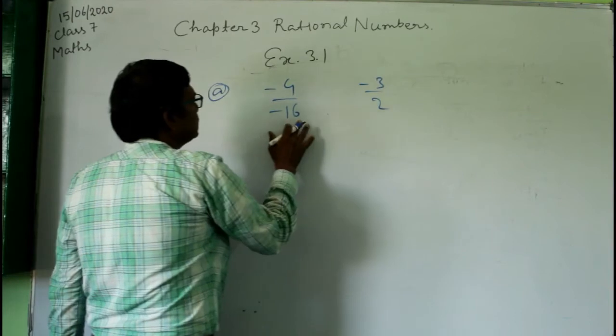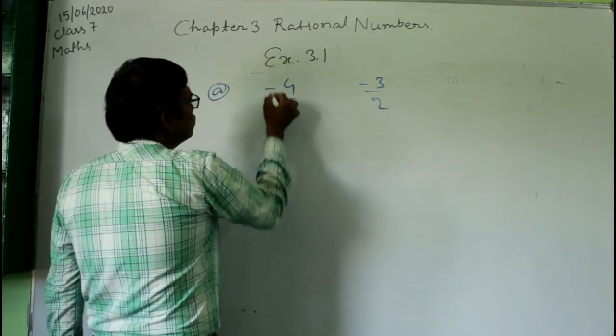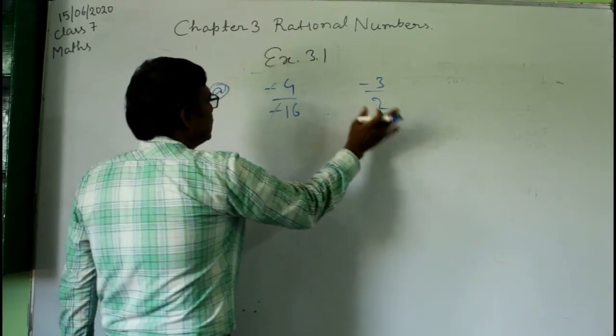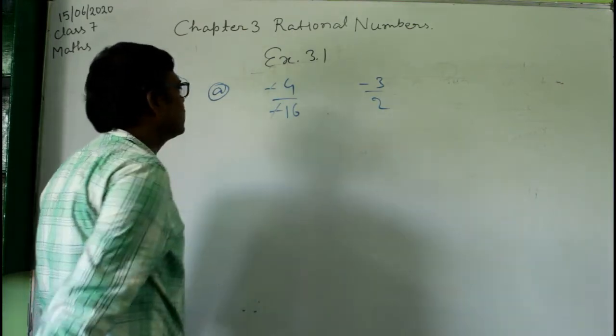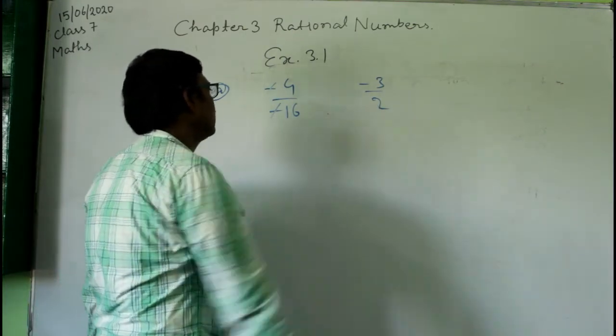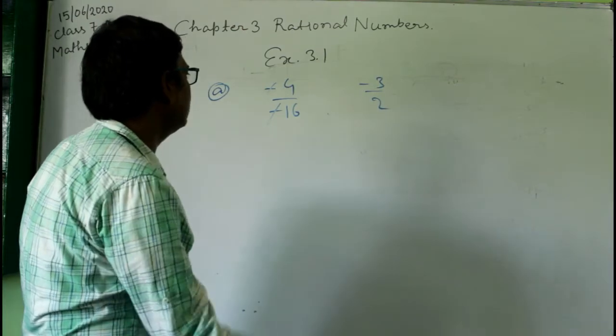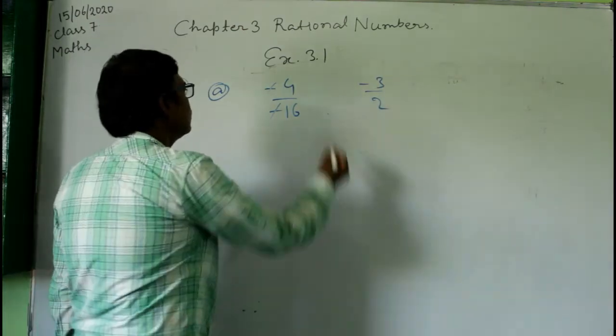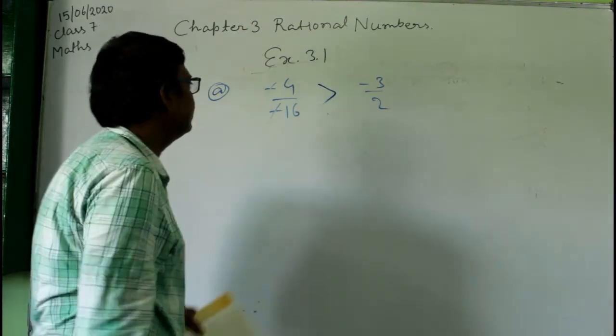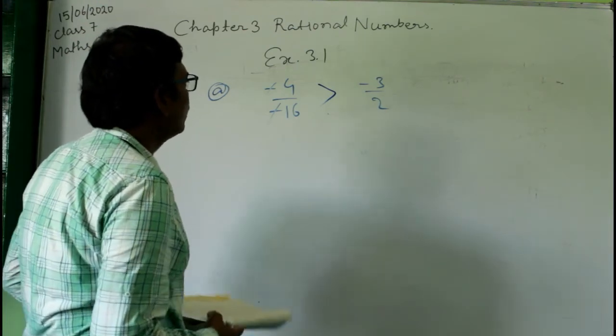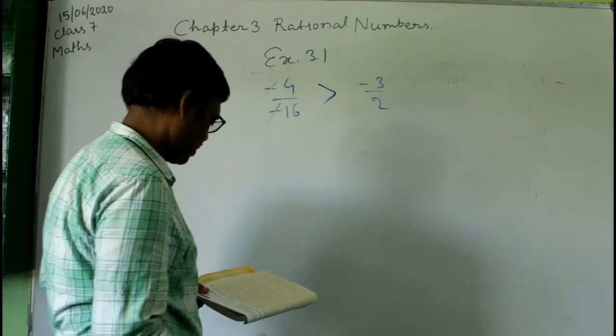Obviously when you cancel these two signs, this is positive and this is negative. So this is a positive rational number and this is a negative rational number. Obviously the positive is always bigger than the negative. So just put this sign: 4 by 16 is greater than minus 3 by 2.